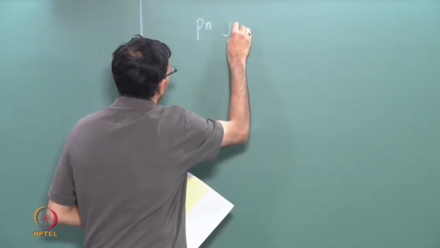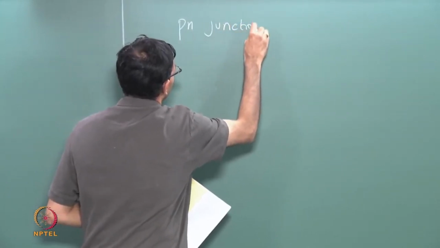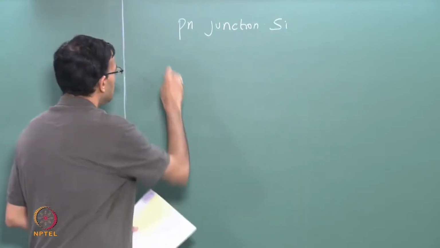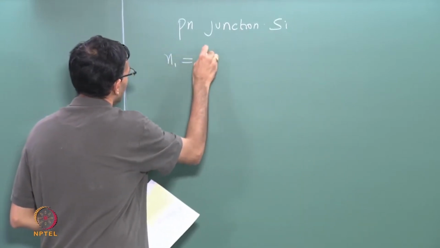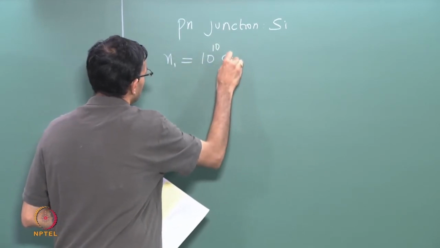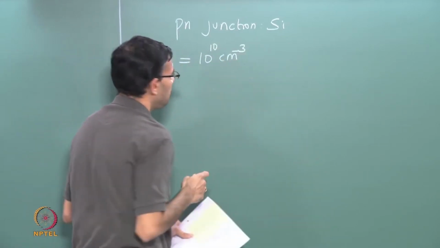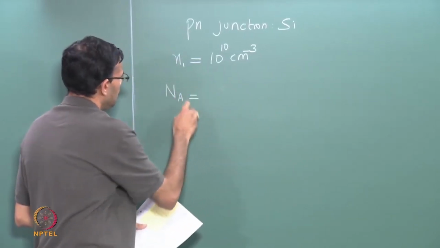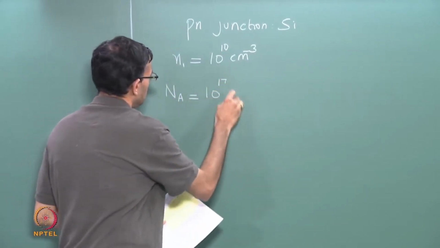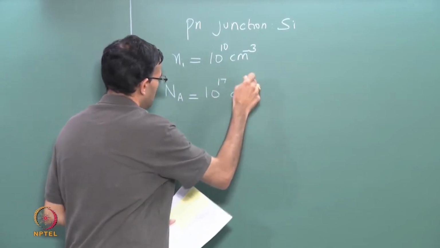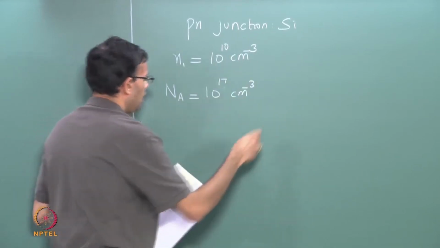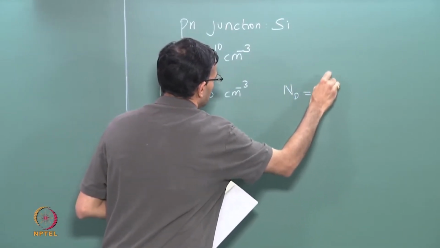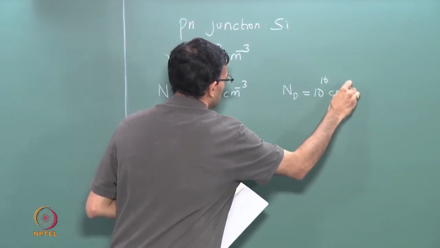So we had a p-n junction with the material being silicon. Ni for silicon is 10 to the 10 per centimeter cube. We said that we had a p side with an acceptor concentration of 10 to the 17, and an n side with a donor concentration of 10 to the 16.